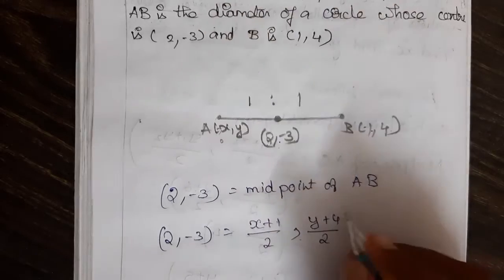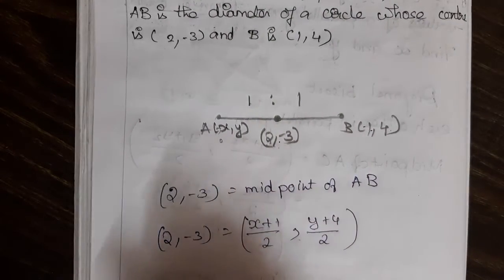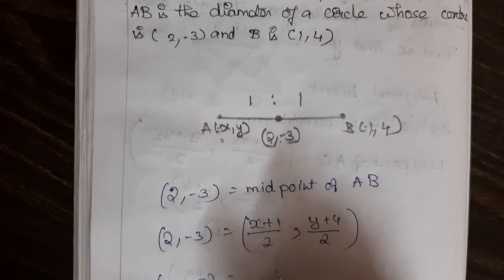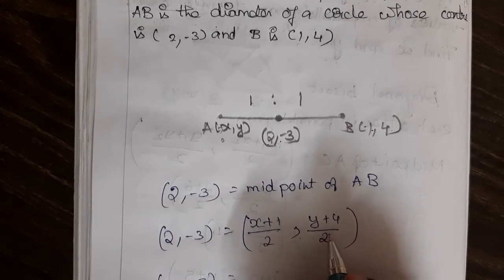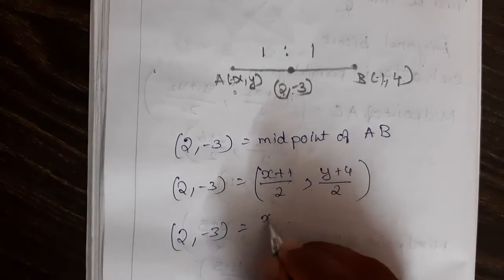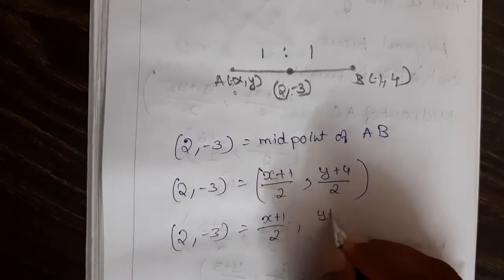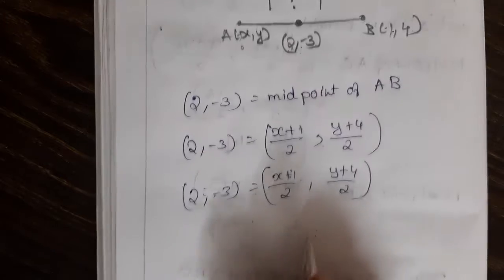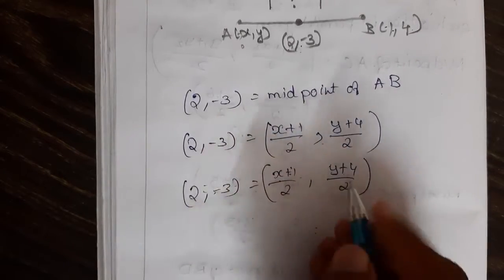Right? So (2, -3) is equal to ((x + 1)/2, (y + 4)/2). So here we can compare the first two and we will get the x value, and the next two we will get the y value.